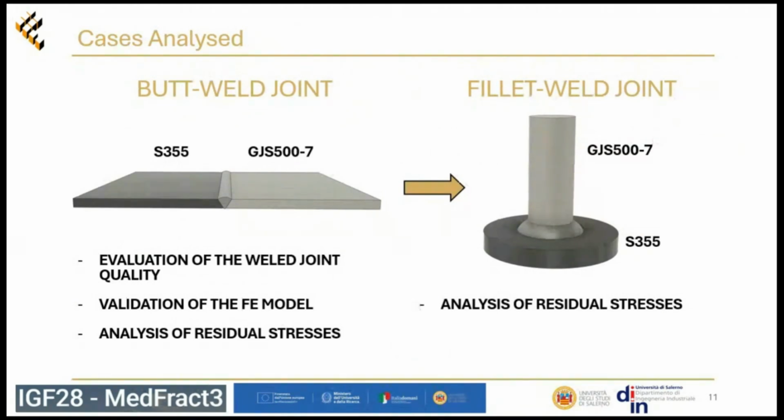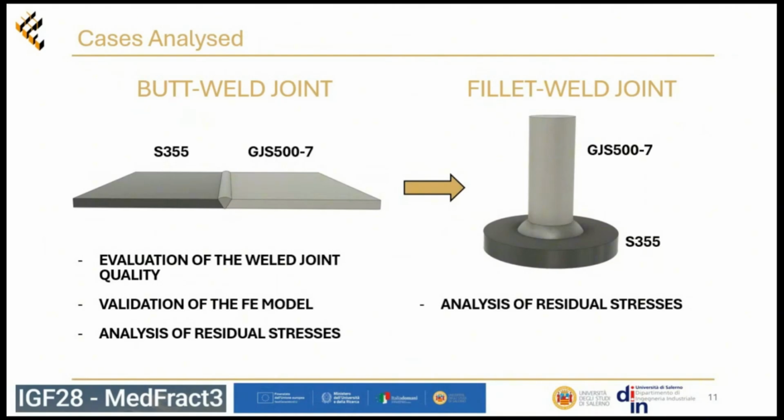We studied two different cases. The main scope of our research was to analyze the residual stresses in a particular joint, a circular fillet weld joint. But we considered that it's very difficult to validate the model using this type of joint.